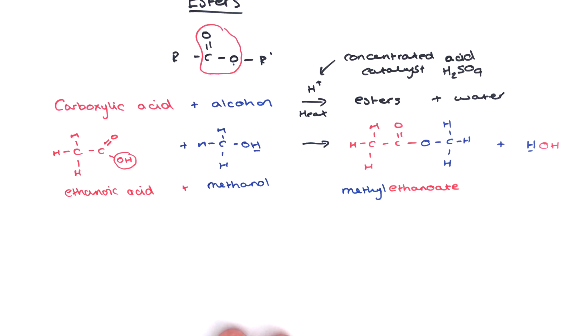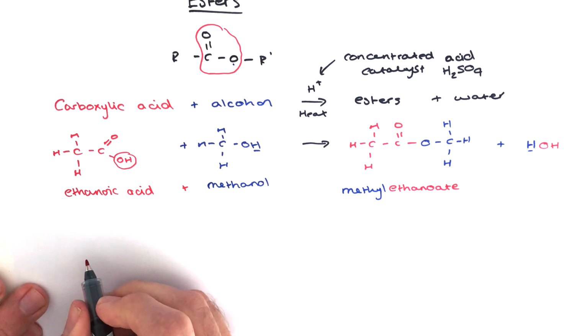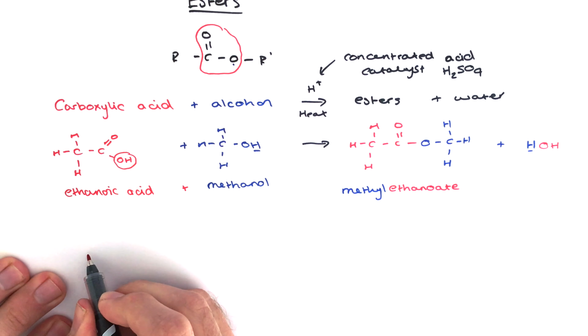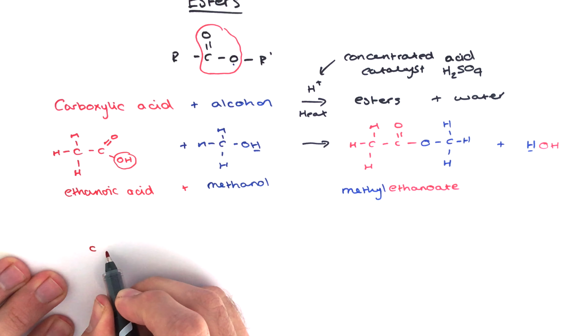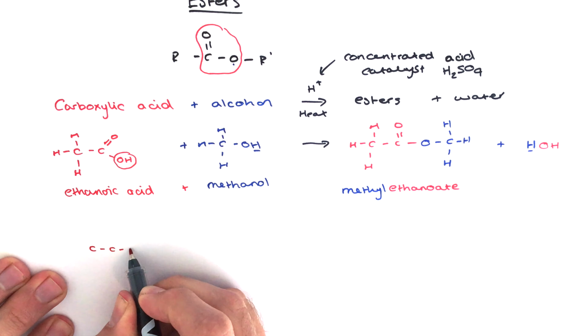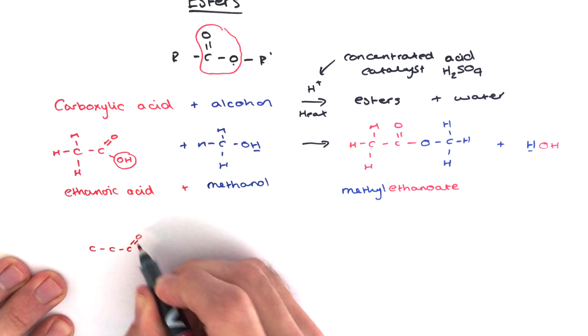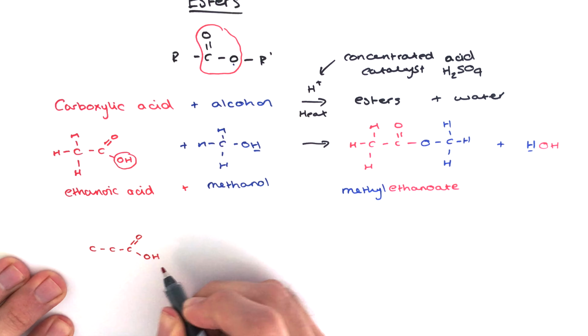Let's have another look at a different reaction then. So we're going to have a look at another formation of an ester. Let's start off with a different carboxylic acid this time. Let's try propanoic acid. So we've got 3 carbons in our chain. We've got the COOH group here for the ester.